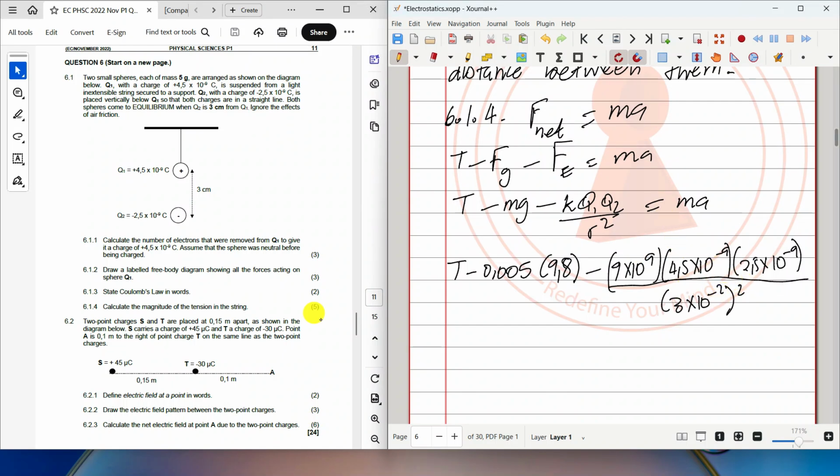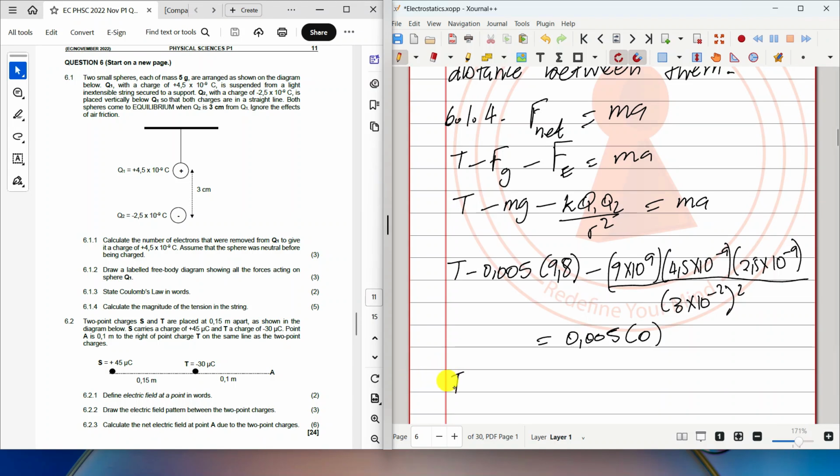All right. So let's see. Don't forget equals 0.005 times, it's held by the string, so acceleration is 0. So 0.005 times 9.8. What do we have?